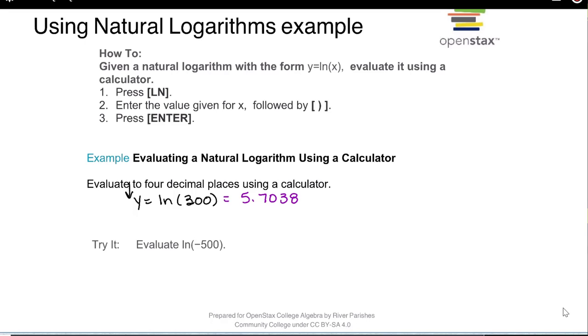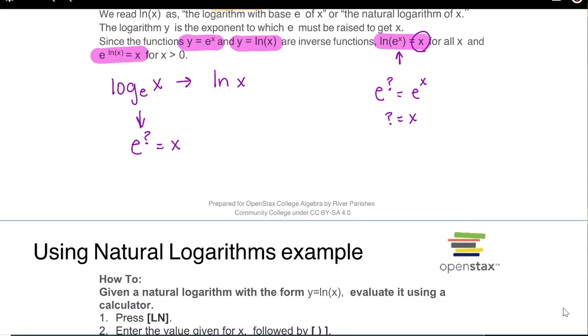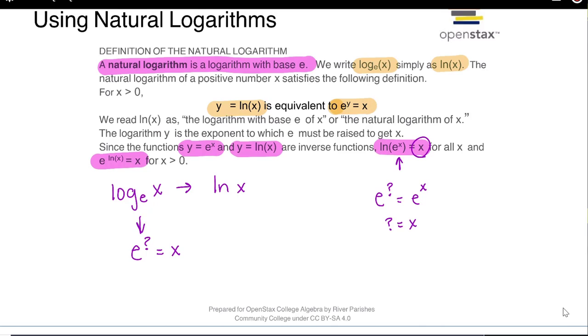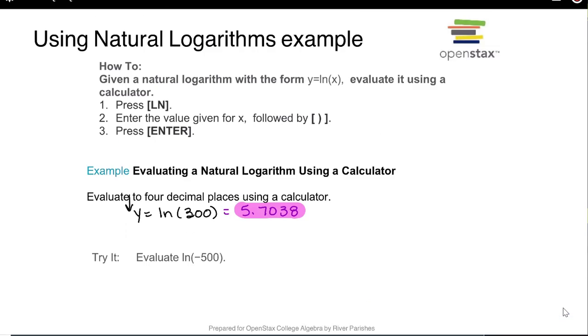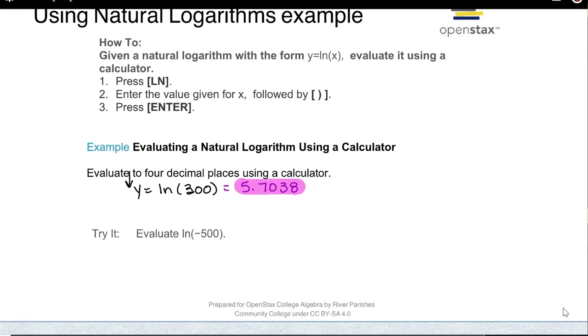Okay, so now let's look back up here. It said that y equals ln of x is equivalent to e to the y equals x for x greater than 0. So let's look at what happens when x is not greater than 0. This is like saying natural log of -500. It's like saying e to what power is -500. Now, if you will remember, when you take a number to a power, you can't get a negative number.